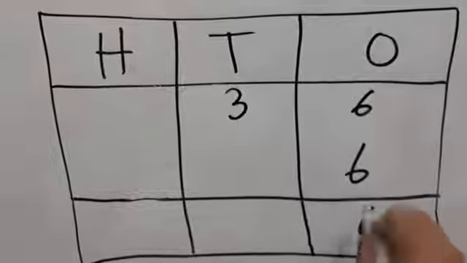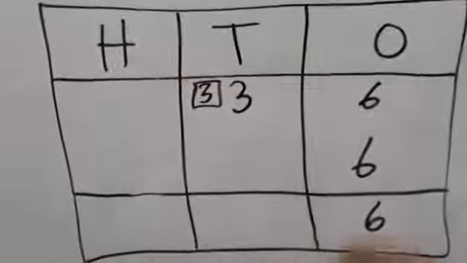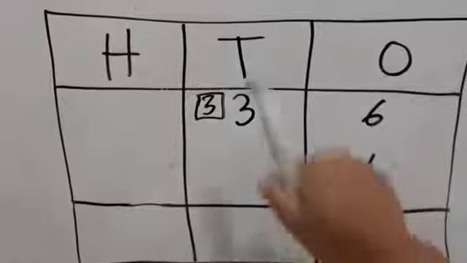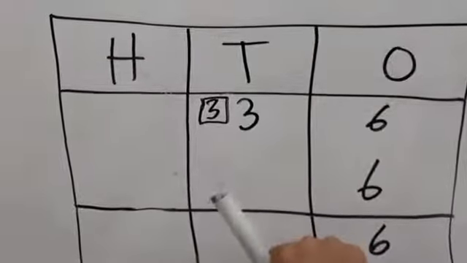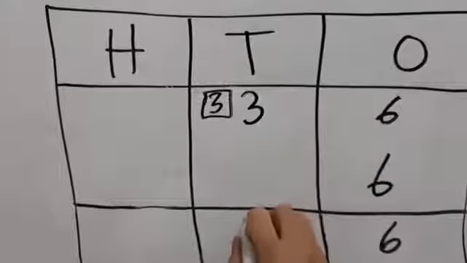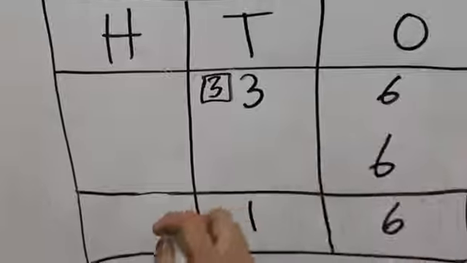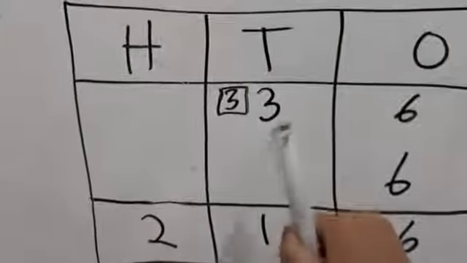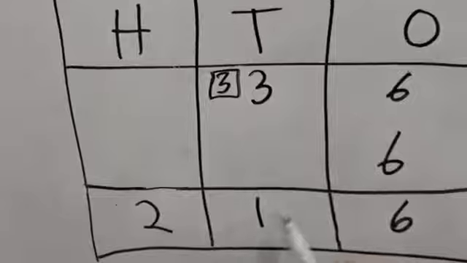Write down 6 in the column of ones and then 3 in the column of tens. 6 times 3 is 18 and then plus 3 is 21. Write down 1 in the column of tens and then 2 in the column of hundreds. So the total of 36 times 6 is 216.